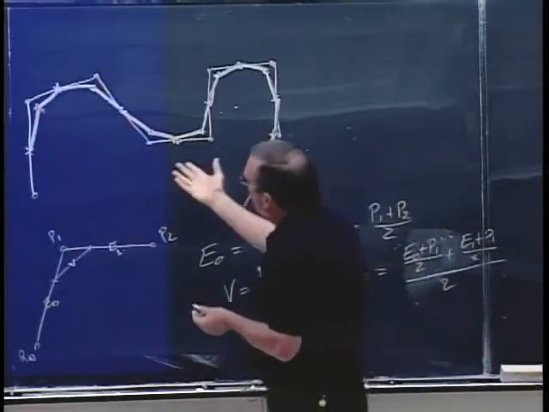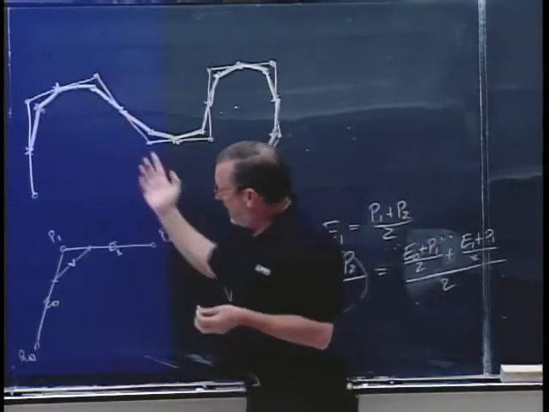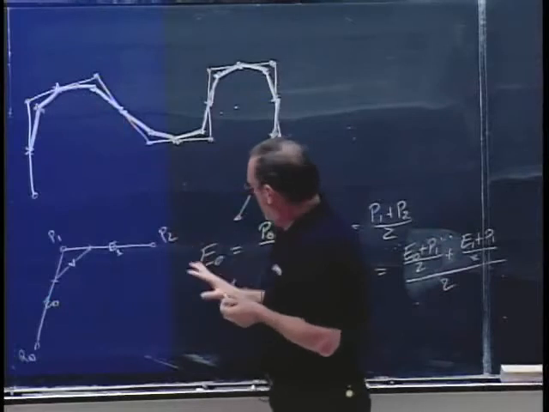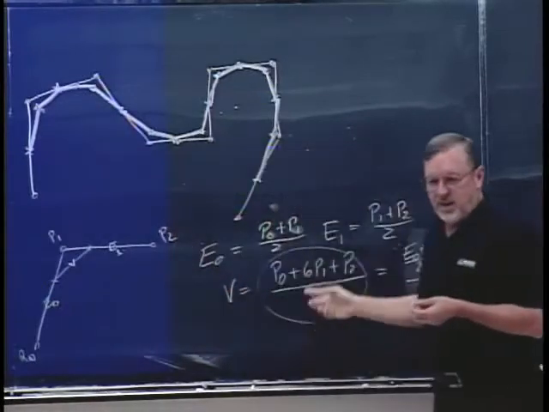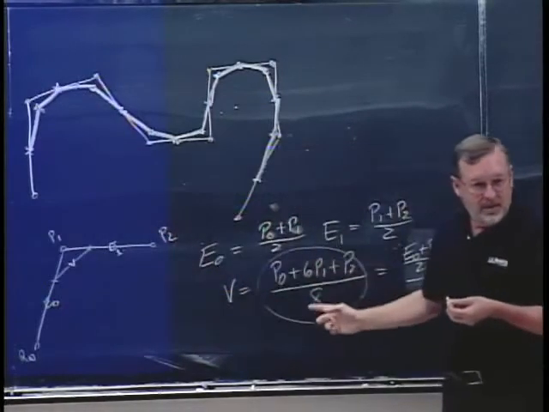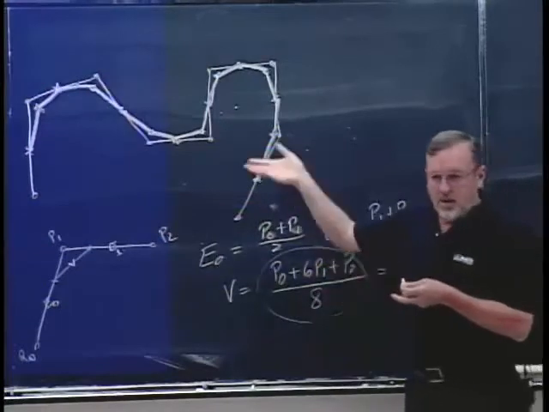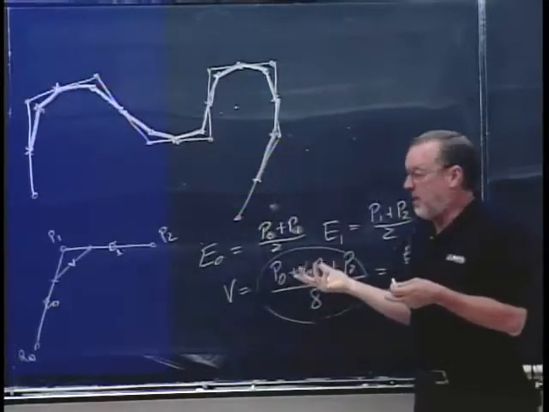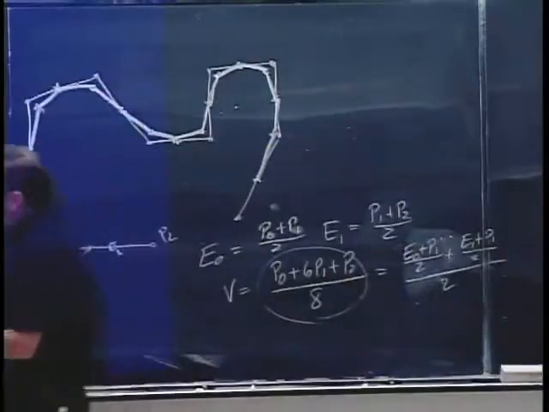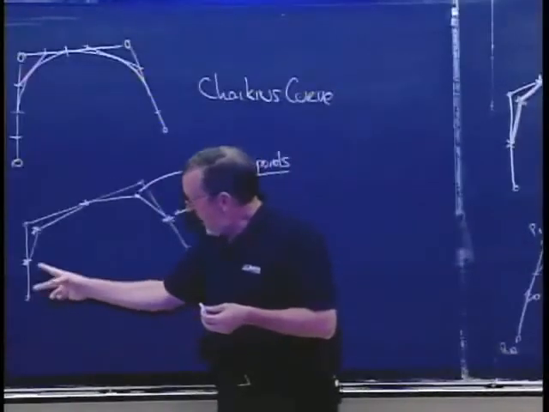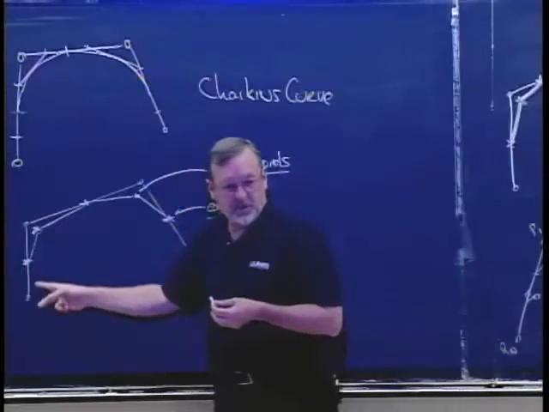This is a scheme that does this very nicely. There's vertex points and edge points in the scheme, and you can generate a curve. The curve turns out to be cubic. What happens is this point shrinks considerably.